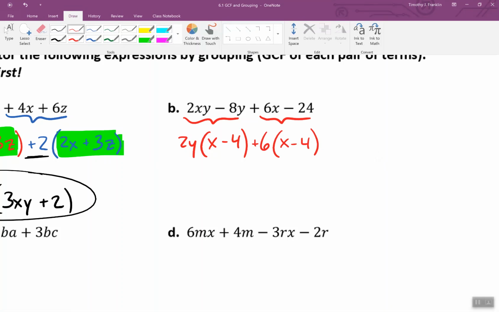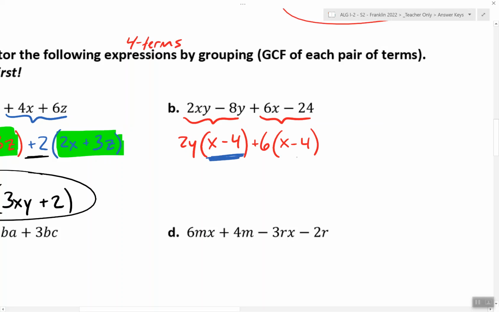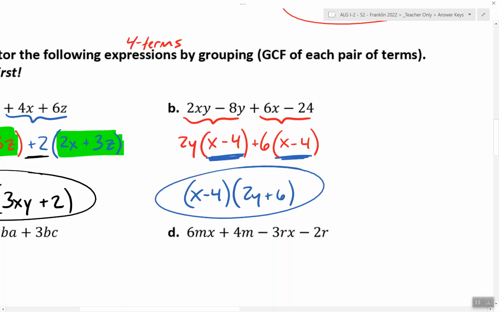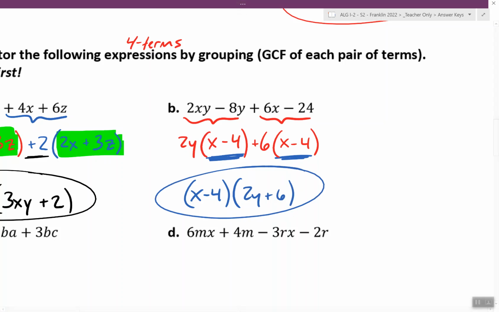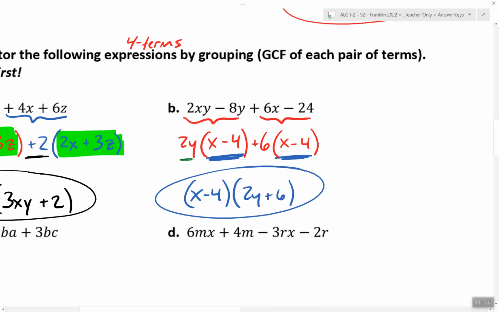And again, you can see that these two terms are the same. So that's our first one, x minus 4 times what's left, which is 2y plus 6. The 2y plus 6 came from right here, 2y plus 6.